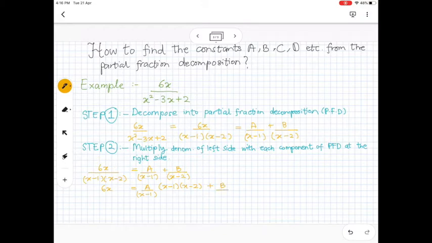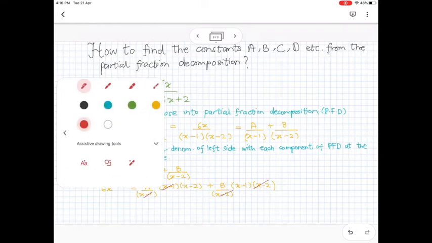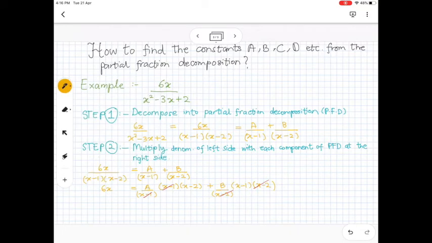Here b over x minus 2, you need to times with x minus 1 times x minus 2. Now what happens next is you can cancel out the x minus 1 at a, and you can cancel out or eliminate x minus 2 at b.